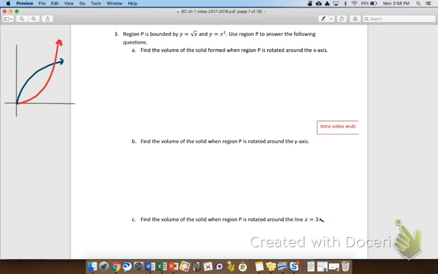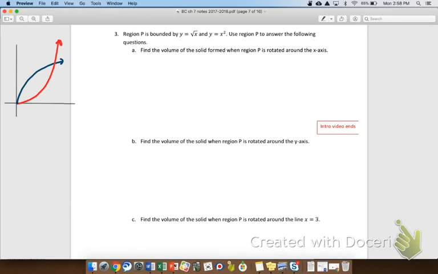Red is x squared. That's right. So these are actually inverse functions, so they should intersect where? 1, 1, right? As well as at the origin, 0, 0. One of those lovely characteristics of inverse functions.